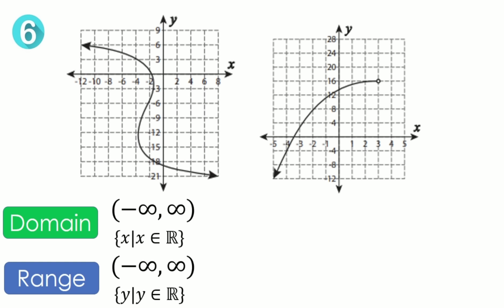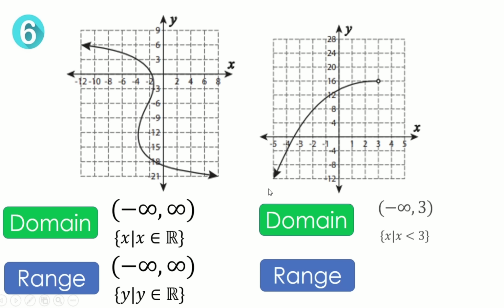Makikita nyo, dito, yung graph natin is infinite. Ibig sabihin, tuloy-tuloy yan. Therefore, yung domain natin is from -infinity to +3. Bakit parenthesis ang gamit natin? Kasi naka-open siya. Hindi siya shaded.